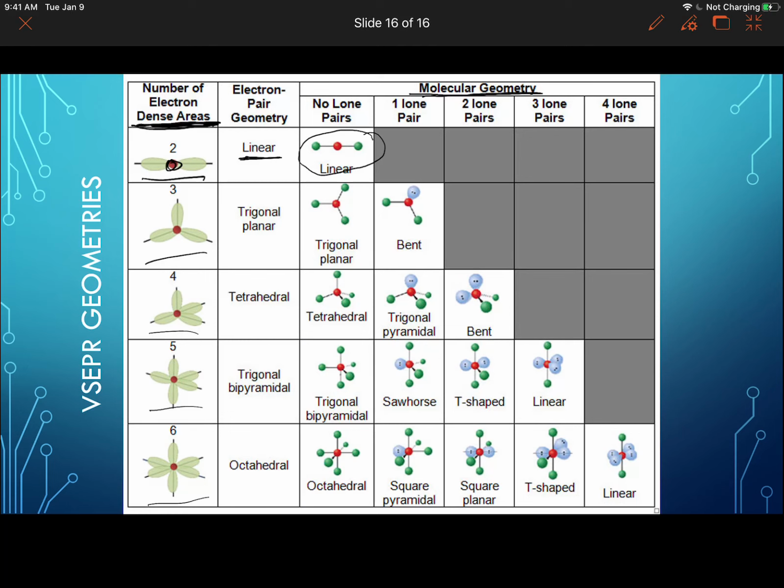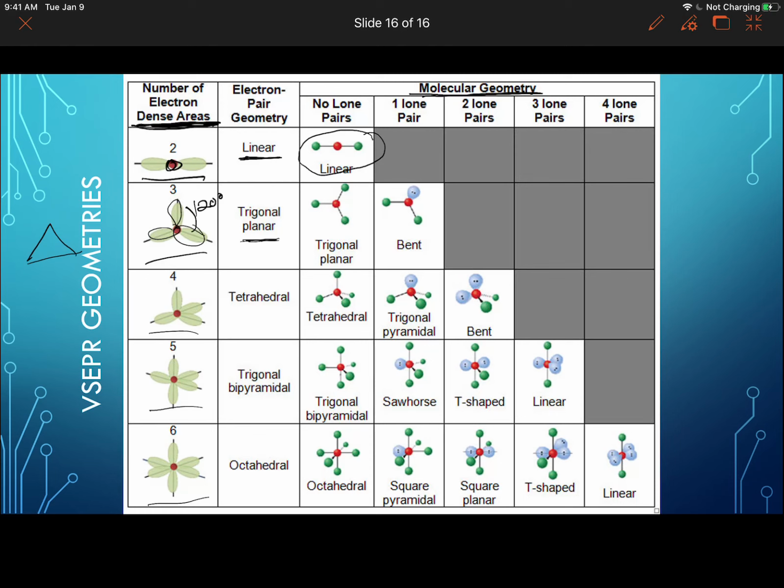If we have 3 electron groups around a central atom, we're going to have a trigonal planar electron pair geometry, and it looks like a little triangle all in one plane, which is why it's called trigonal planar. With our trigonal planar geometry, we have 120 degree bond angles.